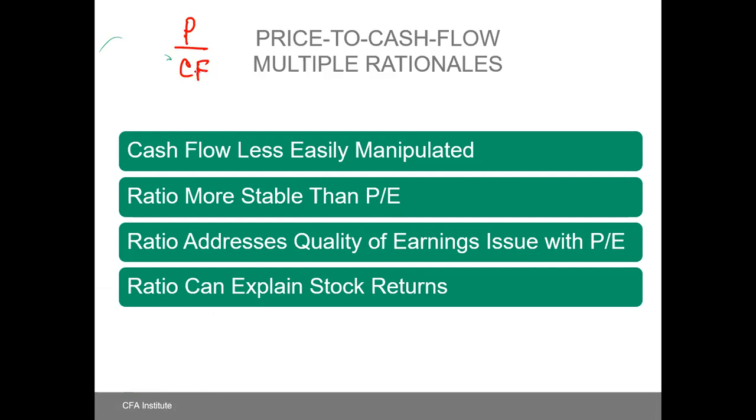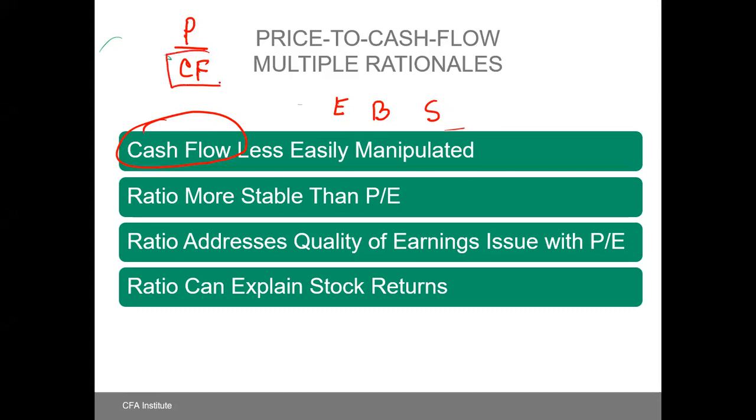You can easily understand that, compared to earnings, book value, or sales, cash flow is the least likely of these to be manipulated. It is not very easy to accelerate the recognition of cash flow. I'm not saying it is impossible. It is possible, but less likely compared to the other denominators or multiples we are using.